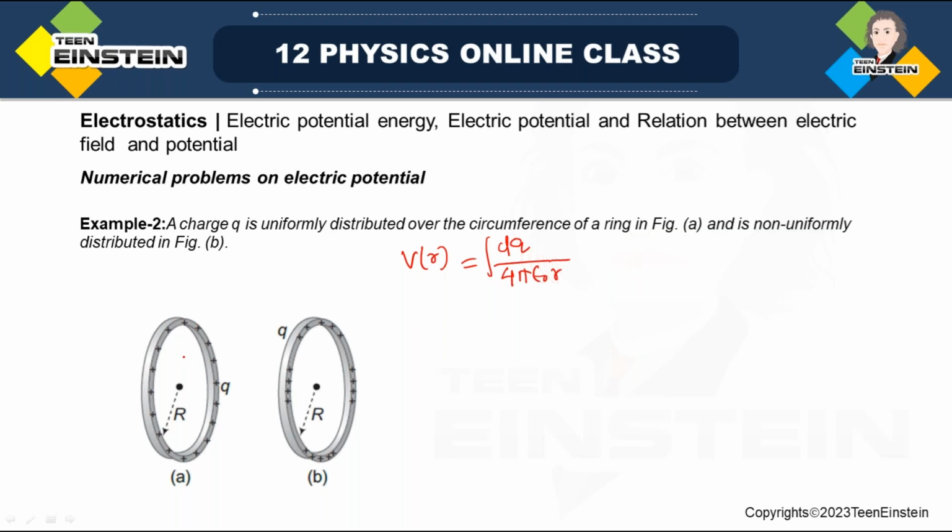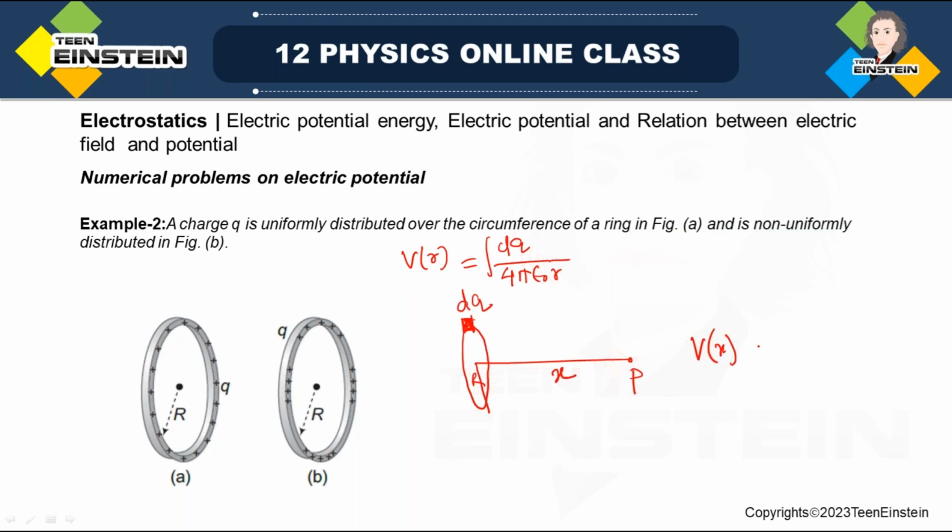Now since this charge q is uniformly distributed, we can calculate electric potential at some distance x, say, and the ring has radius R. If I consider a small length element of this ring which has charge dq, then at any point P, which is x distance away from the center of the ring, what will be the electric potential?